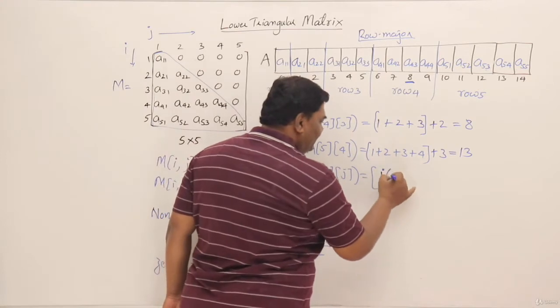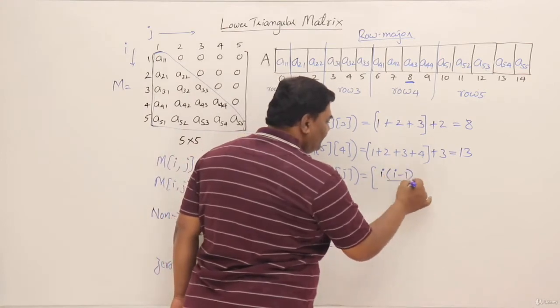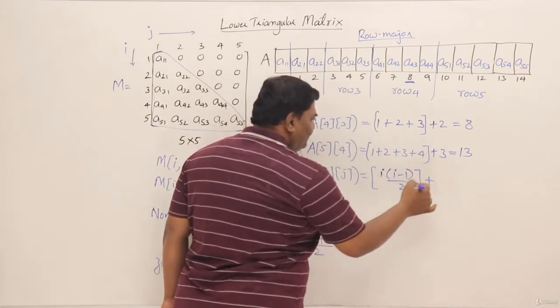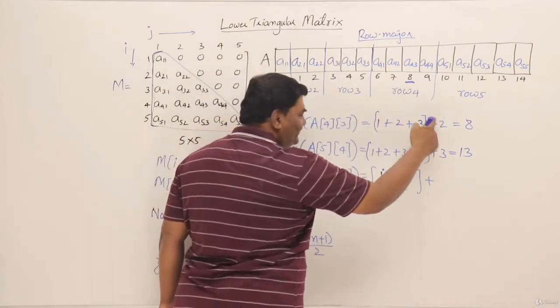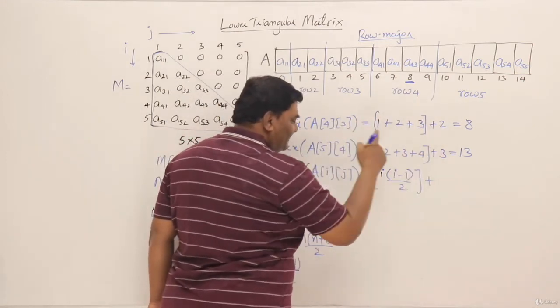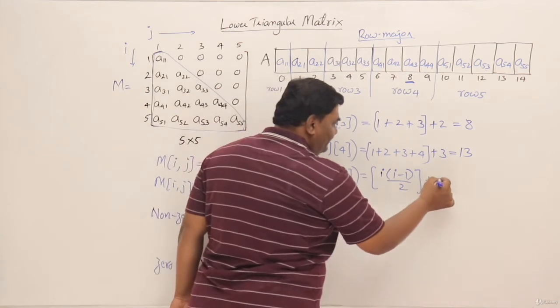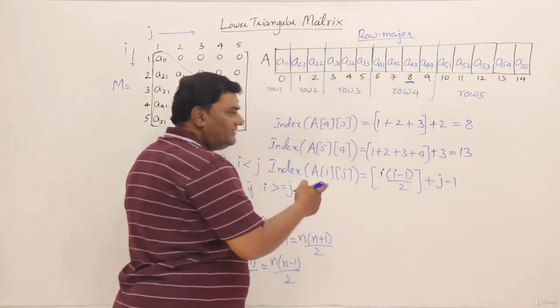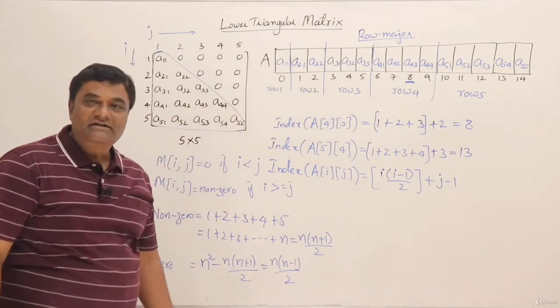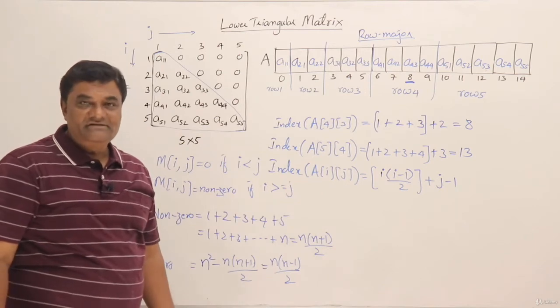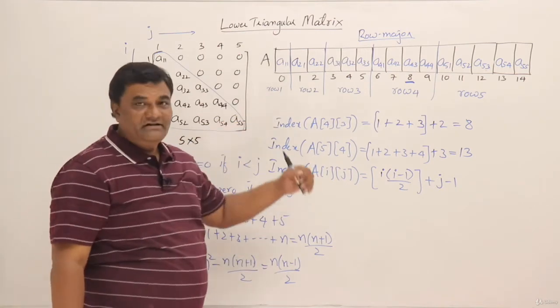So this will be i into i minus 1 by 2. Then plus, see this was 3, so this was 2. This was 4, so this is 3. So if it is j, then it will be j minus 1. So this should be the formula for accessing non-zero elements in a single dimension array.